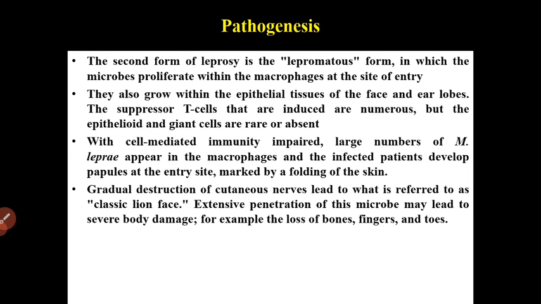Suppressor T cells that are induced are numerous, but the epithelioid and giant cells are rare or absent. With cell-mediated immunity impaired, large numbers of M. leprae appear in the macrophages and the infected patient develops papules at the entry site, marked by a folding of the skin.